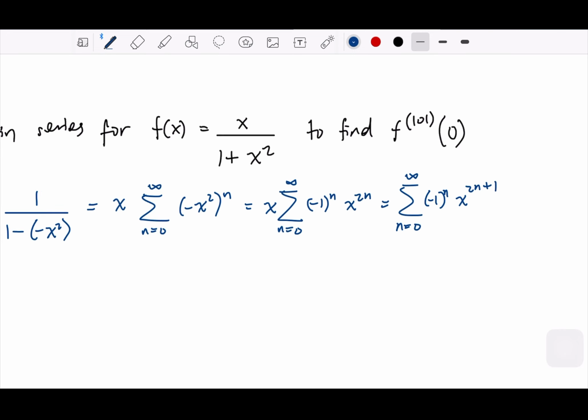Now we have this structure, and what we are going to do is find the coefficient of x to the 101. If we're looking at the structure x to the 2n plus 1, we want to get 101, so we have to deal with n equal 50.